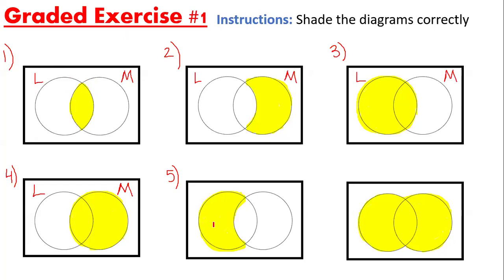So, L intersection M. Let's try it again. Very good. It's going to be L intersection M, because the middle part is the intersection. Okay, it's the middle.